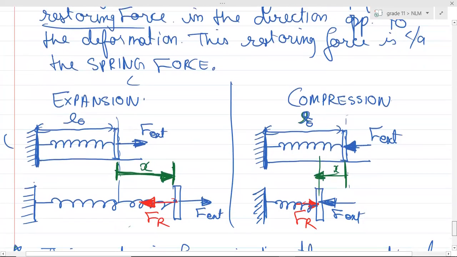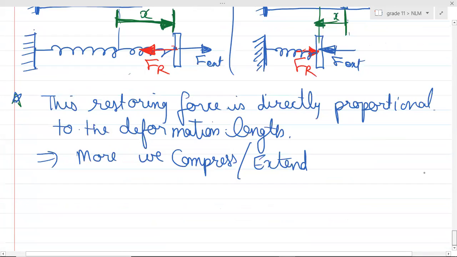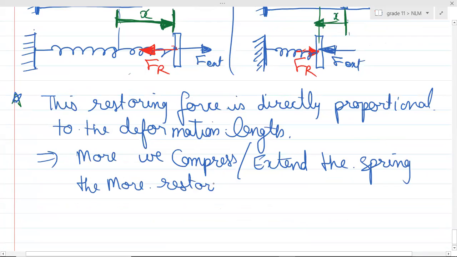So it is not expansion, it is extension, right? So the more we compress or extend the spring, the more we deform the spring, the more restoring force it applies.